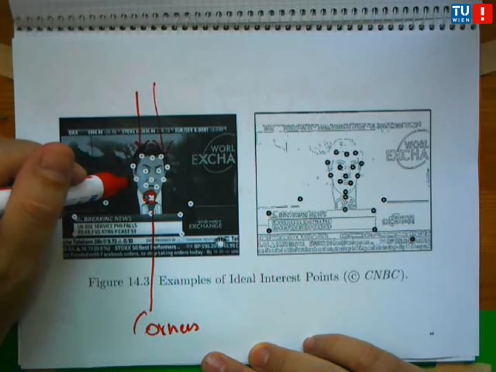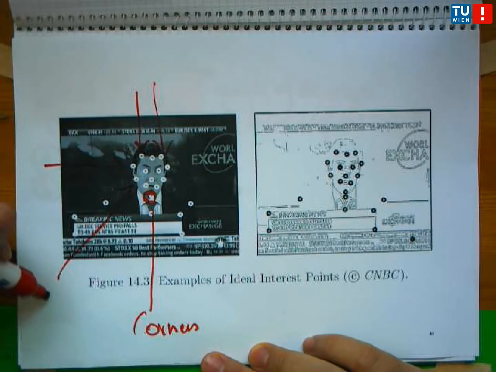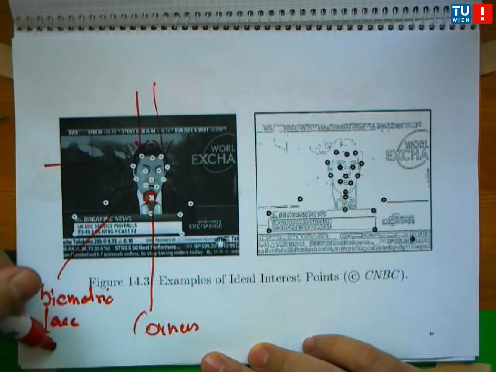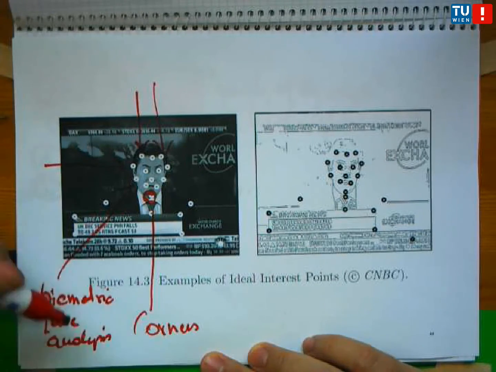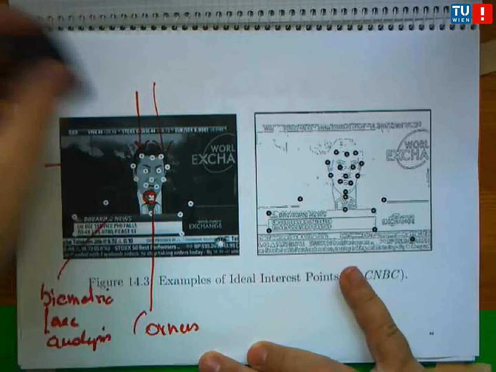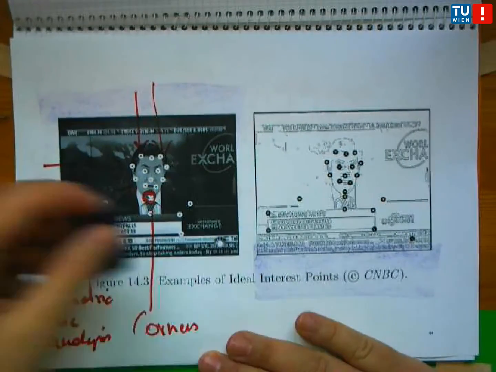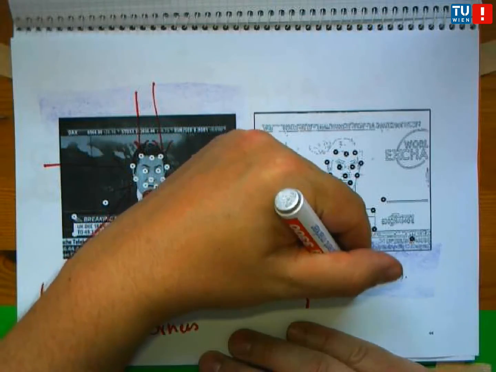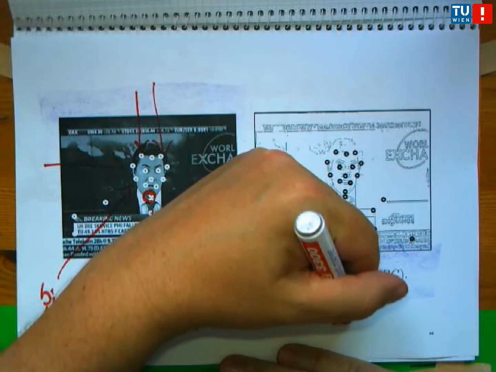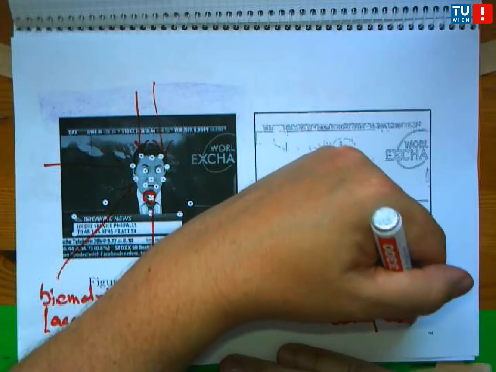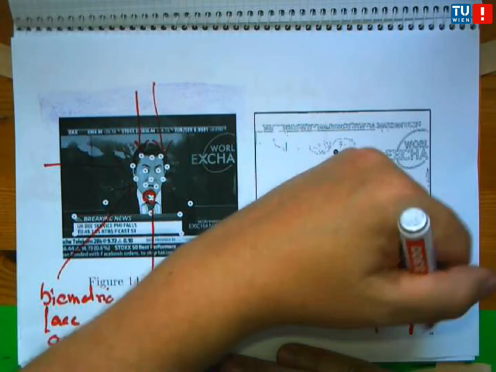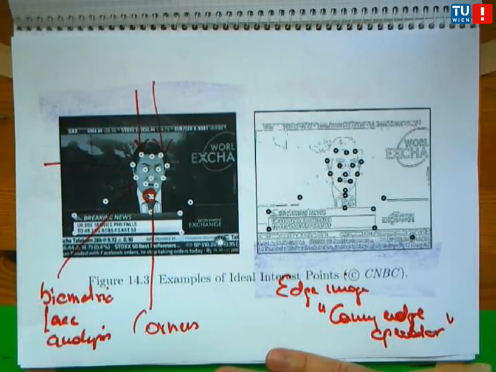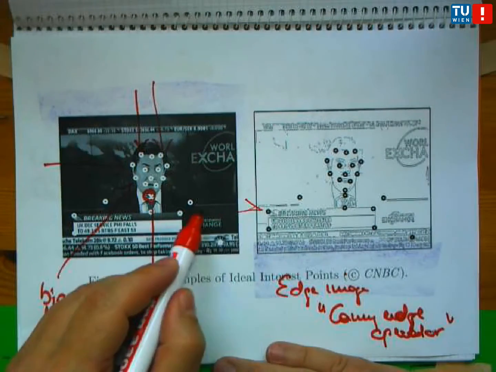The image contains basically all the major points of biometric phase analysis. On the left, it is applied on the original image, and on the right, the same is applied on an edge image used with the so-called Canny edge operator.